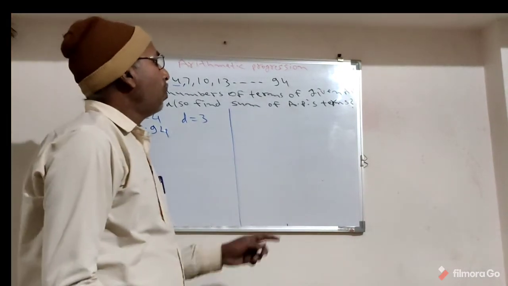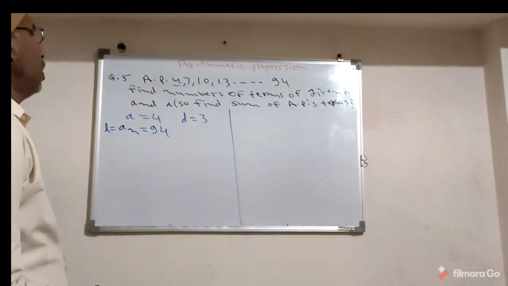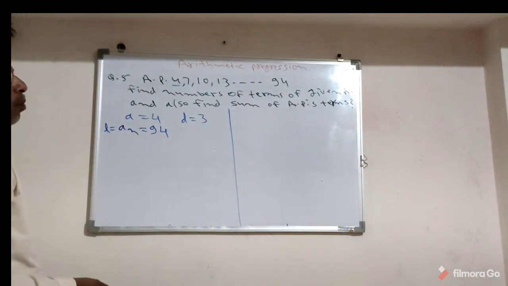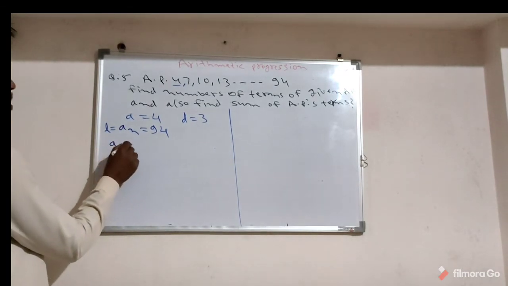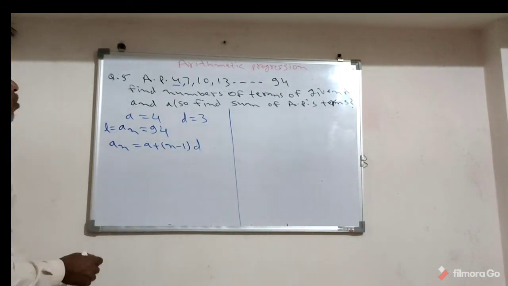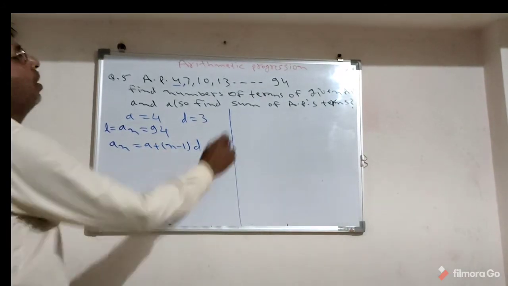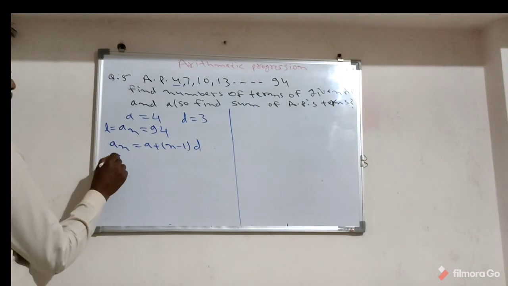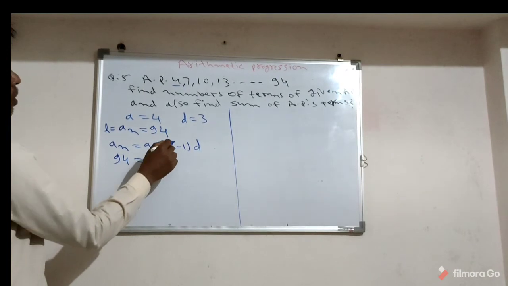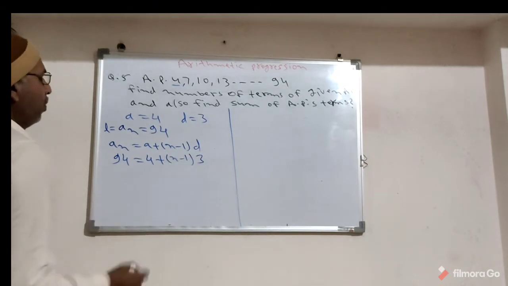To find the sum of the given AP, we require the value of n, which is not given here. To find the value of n, we use the last term or nth term formula: an equals a plus n minus 1 into d. The value of last term or nth term is 94. Here we put 94 equals a, which is 4, plus n minus 1, n not given, and d, which is 3.